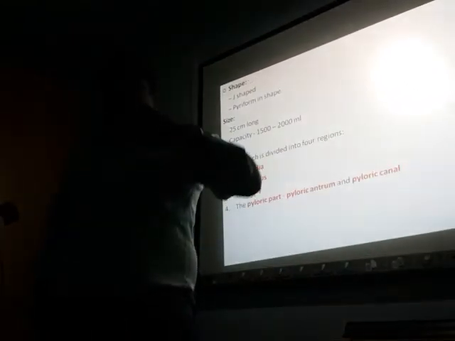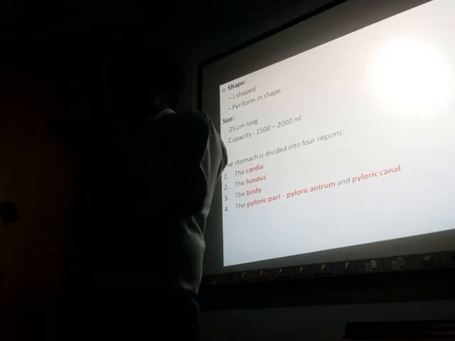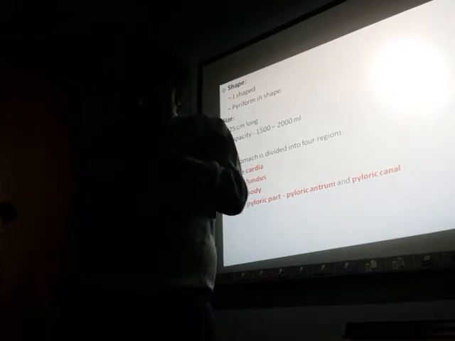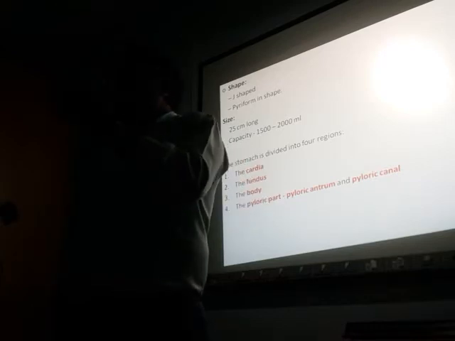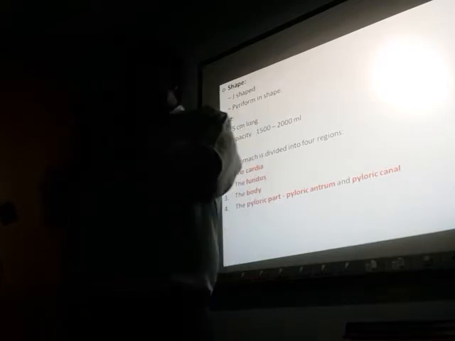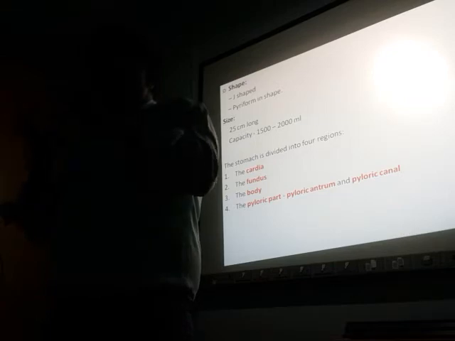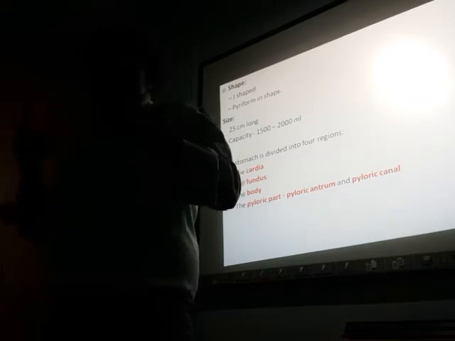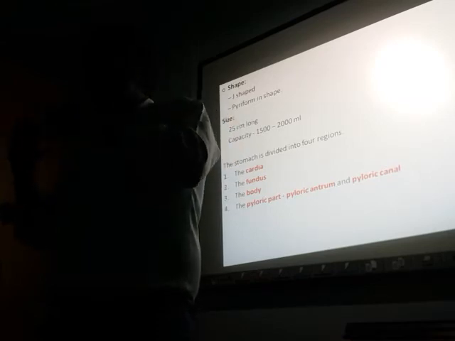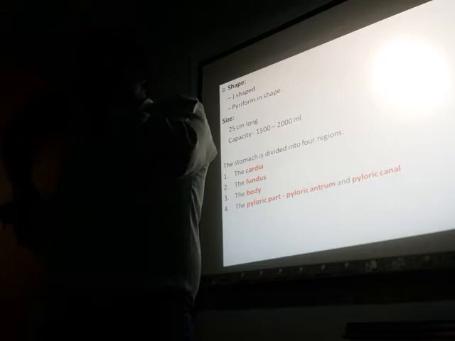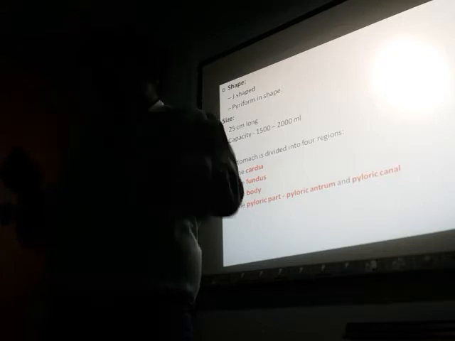When you look at the anatomy of the stomach, we can understand the function in a better way. For example, we said that the stomach helps in mixing, churning of the food and converting it into a paste-like chyme. Which part of the anatomy helps in this function?